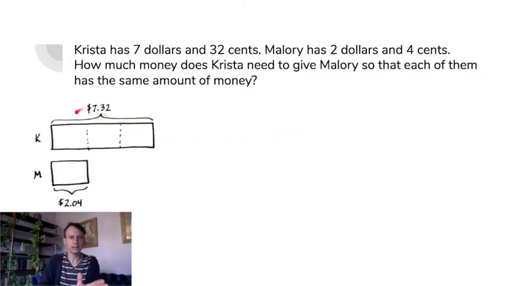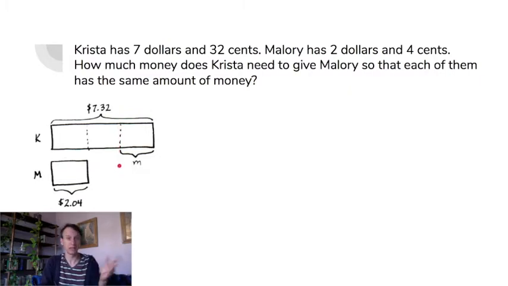Okay, so here is Krista, her $7.32. Here's Mallory's $2.04, okay? Now, the amount of money she's going to give her, this is why I drew 3 partitions here. The amount of money that Krista is going to give her, picture if this was like butter, and I sliced the butter and I brought it over here to Mallory's, then they have the same amount of butter, right?